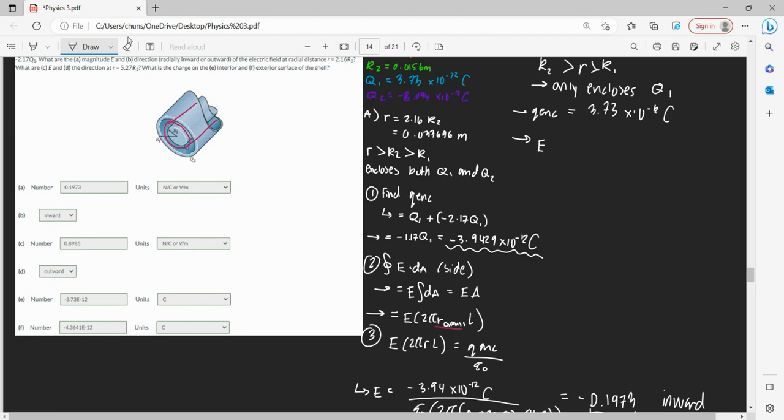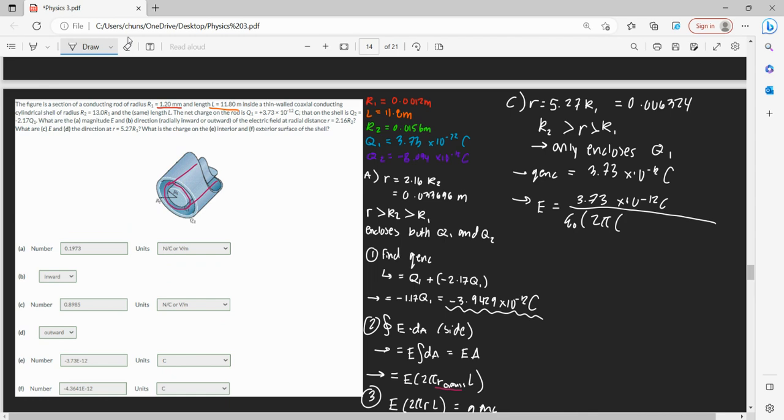So we know E is equal to 3.73 times 10 to the negative 12 coulombs, over epsilon naught 2 pi, and our R is 0.006324 times our length. And let's see what we get for our answer.